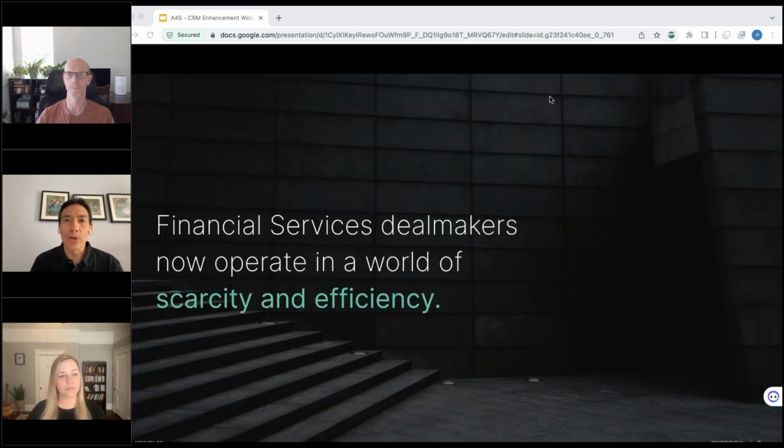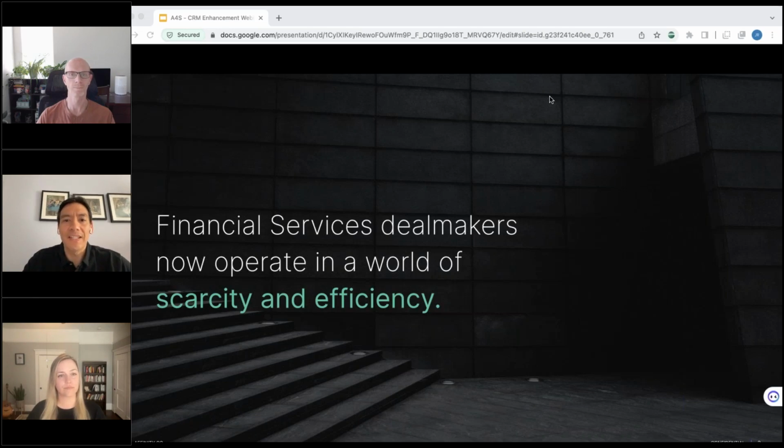Now, just taking a look at the current economic climate, deal teams have become more cautious and are now applying more focused criteria, leading to an increased competition for every deal. Now, as firms look to reduce budgets, questions arise about the return on investment in their CRMs.